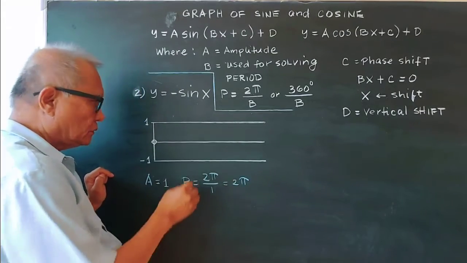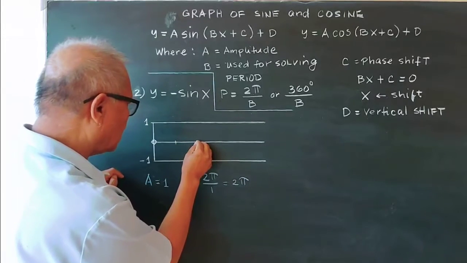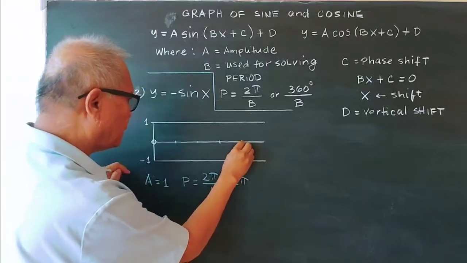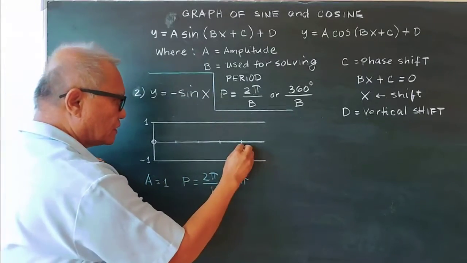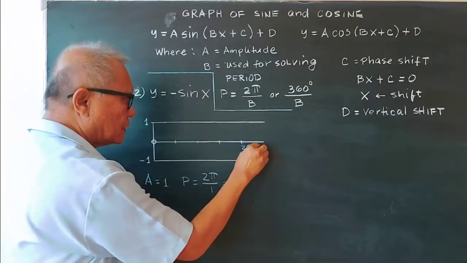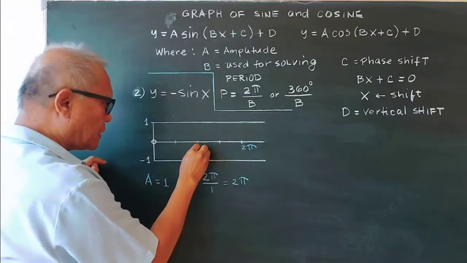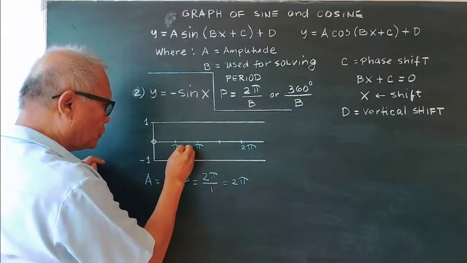After that one, we have to divide this into 1, 2, 3, and 4. Now this is still 2 pi, and half of 2 pi here is pi. Half of pi is pi over 2.